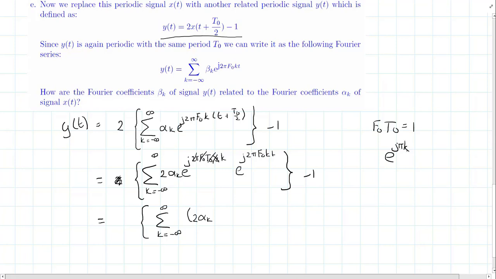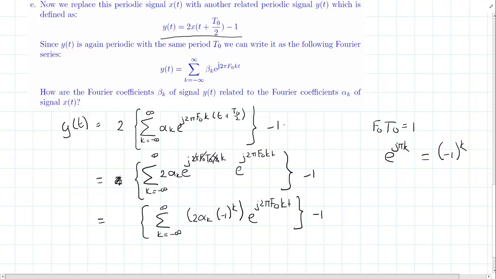However, we have already seen that this is equal to minus 1 to the power k, so minus 1 to the power k e to the power j 2 pi f0 kt, minus 1.